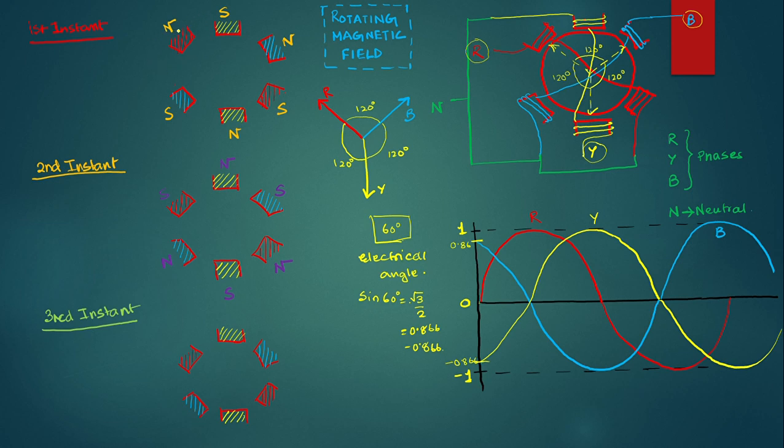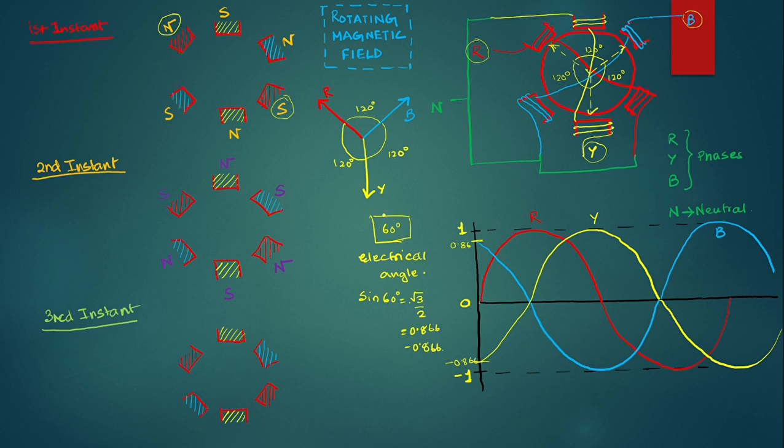As we know from the formation of a solenoid, if this is a north pole, obviously the opposite pole will be a south pole. So there is a formation of north pole and south pole due to the R phase, as long as the polarity remains the same. Here the polarity is positive.